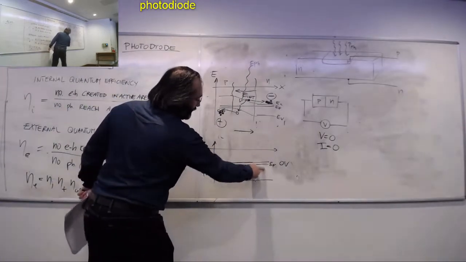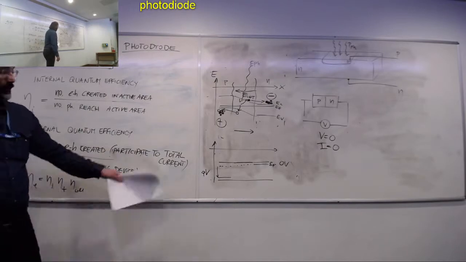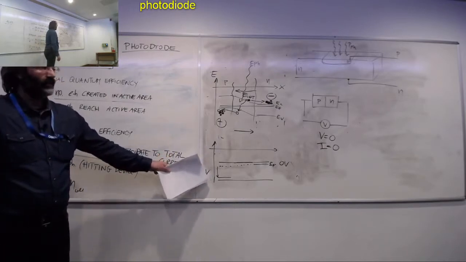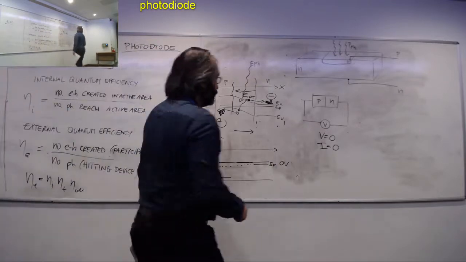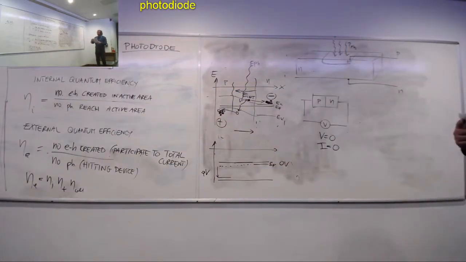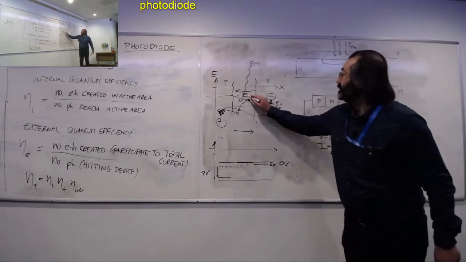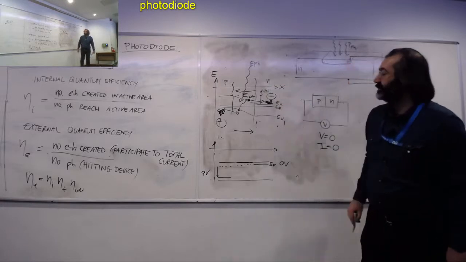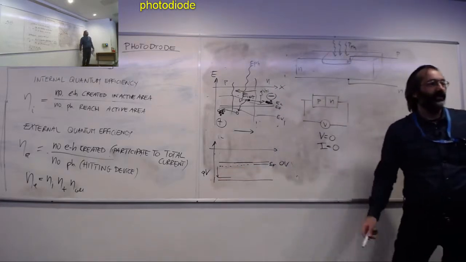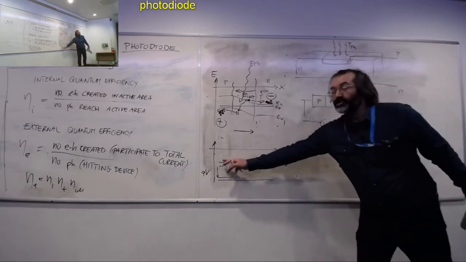You see, the Fermi level here is there, and now here it is here. How much is this? At maximum, like in this situation, how much do you think it should be? This is called QVBI. How much should that be? QVBI.